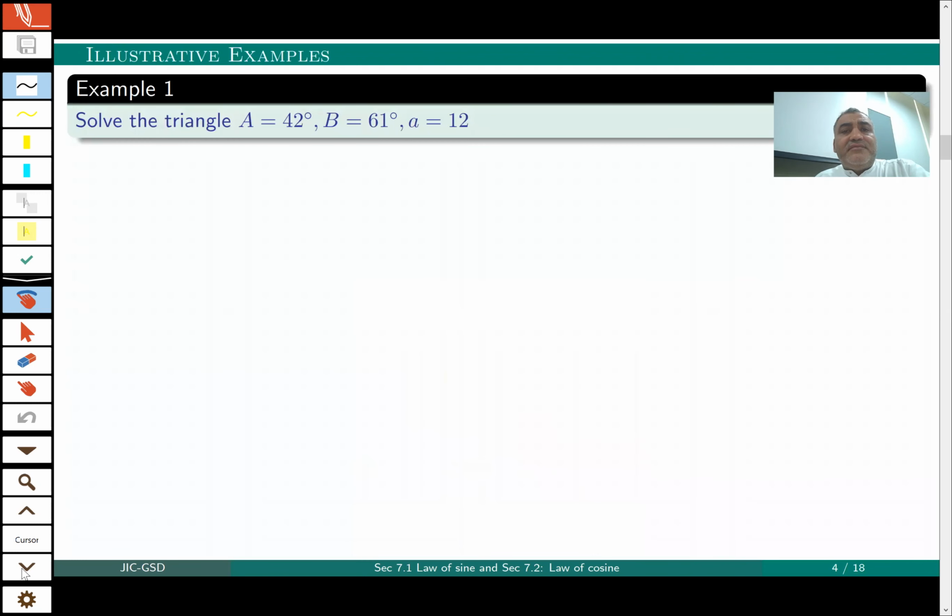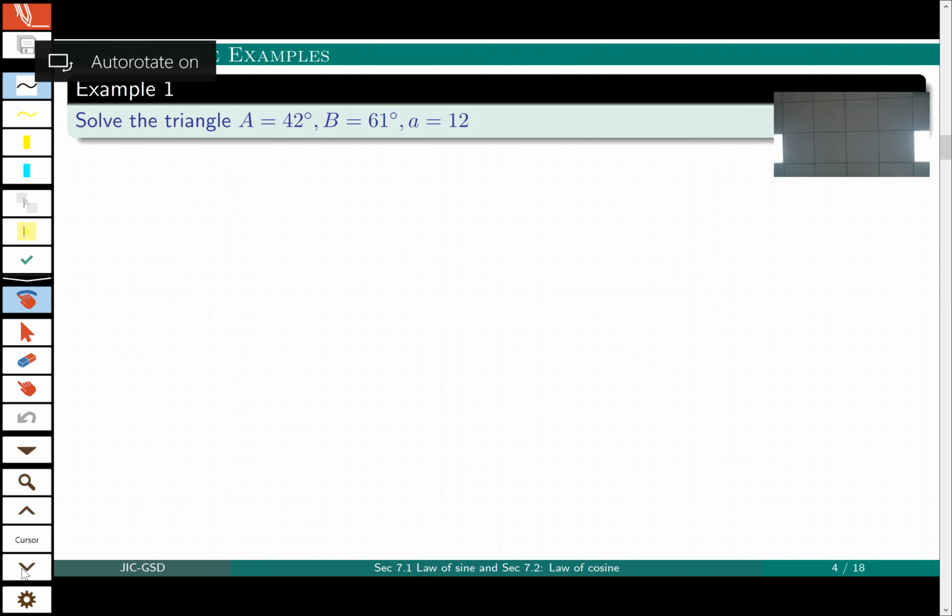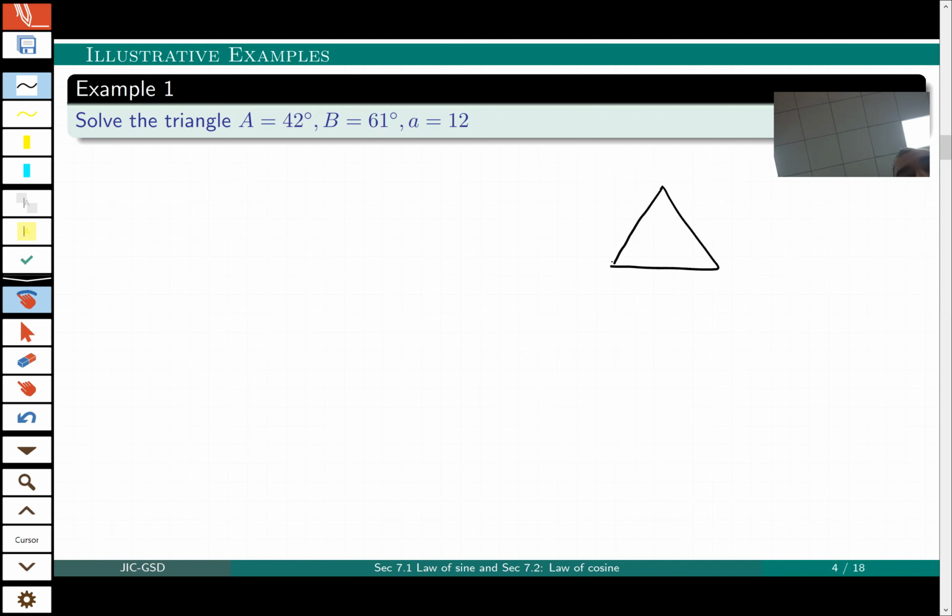Let's solve questions regarding this rule. Here I'm graphing any triangle, and I have the angle A, which is 42, and the angle B, which is equal to 61.